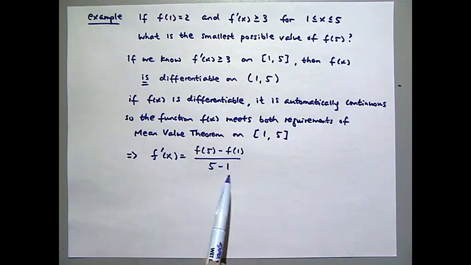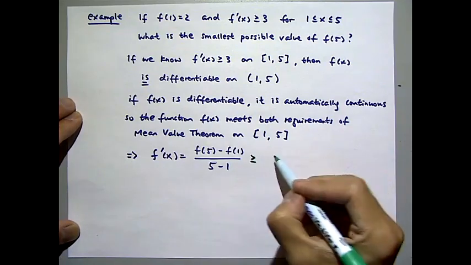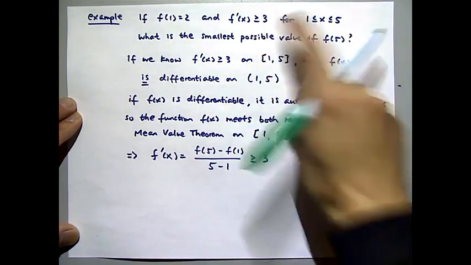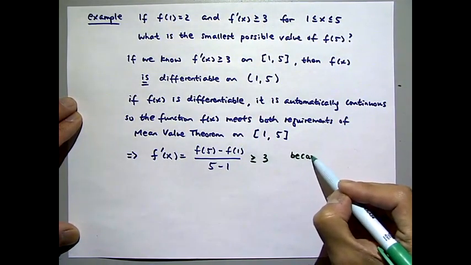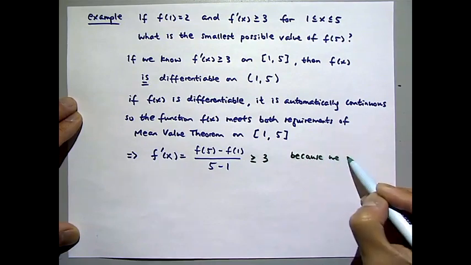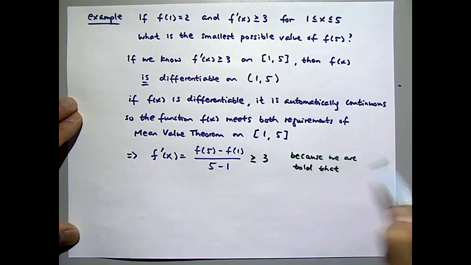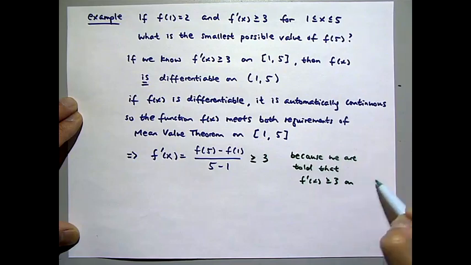This is what the mean value theorem tells us. And furthermore, whatever this turns out to be, it is automatically at least 3, because we're told that f prime of x is greater than or equal to 3 on the interval 1 to 5.